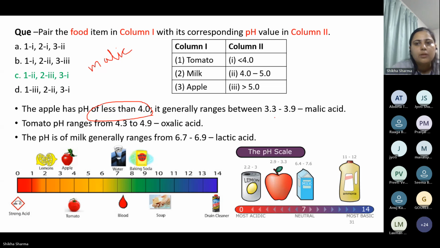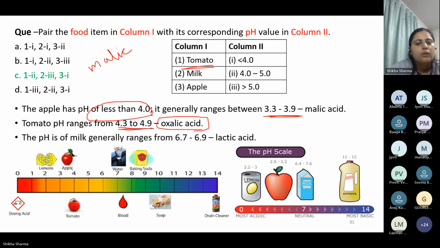In apple the pH is around 3.3 to 3.9. In tomato, the pH is around 4.3 to 4.9, and it has oxalic acid. Because of that, it comes under low acid food.